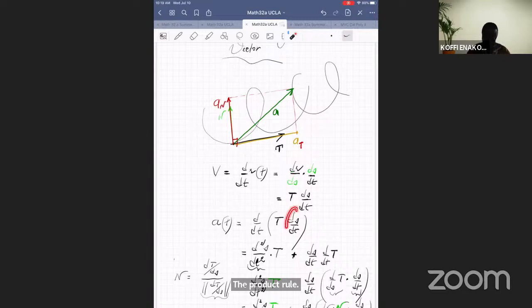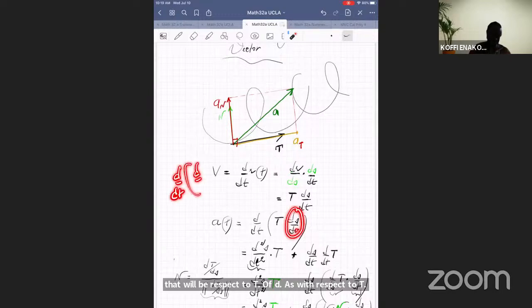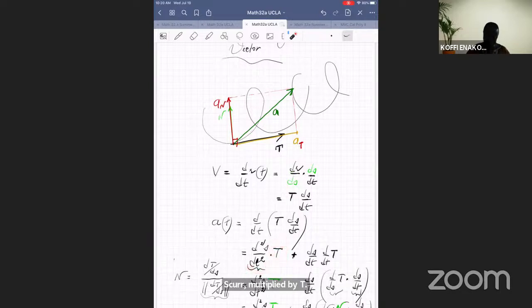Then that will be the second derivative with respect to t of s, scalar multiplied by T, plus the derivative with respect to t of s, which scalar multiplies the derivative with respect to t of the unit tangent T.